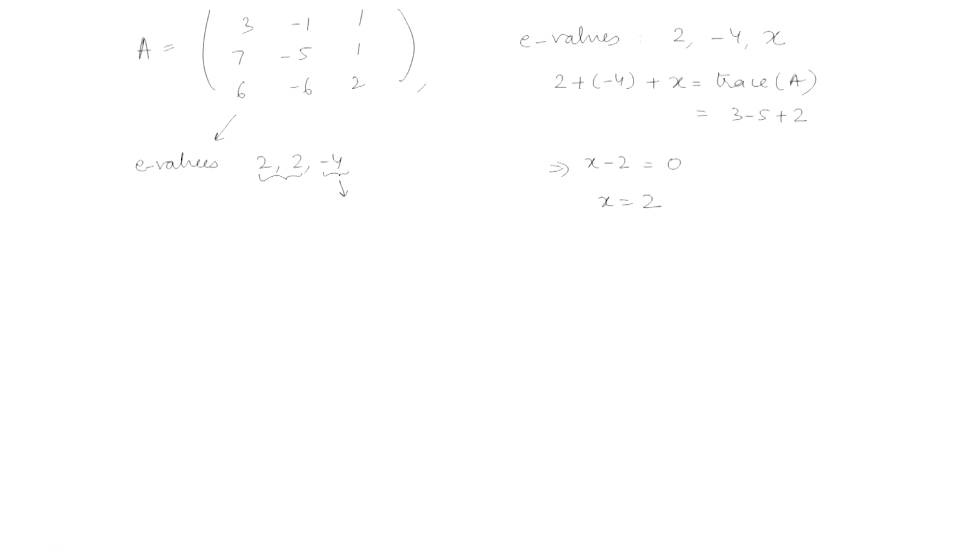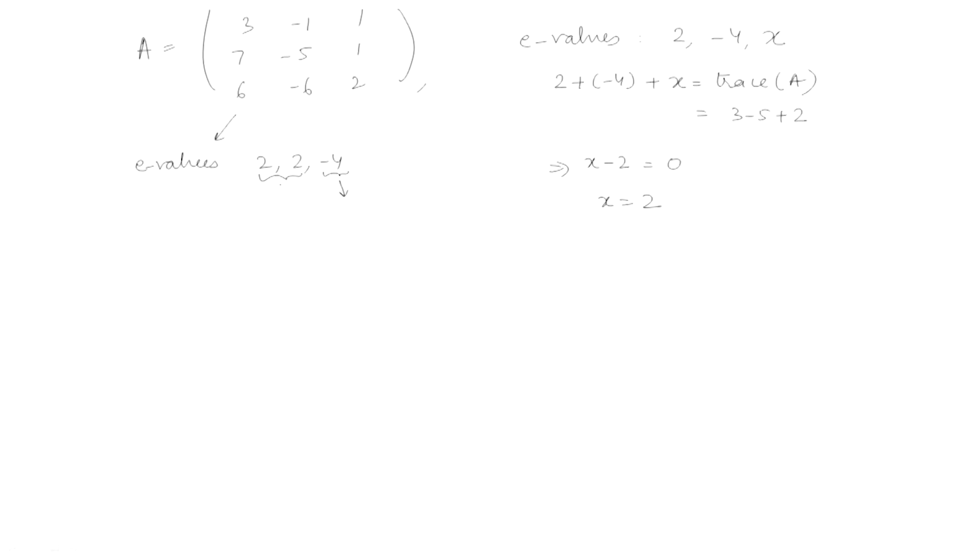Now, corresponding to lambda equal to 2, only if geometric multiplicity is equal to 2 will this matrix be diagonalizable. If it is less than 2, that is 1, then this matrix is not diagonalizable. Not diagonalizable means there does not exist any D such that A is similar to D, that is, there does not exist any P such that AP equals PD.